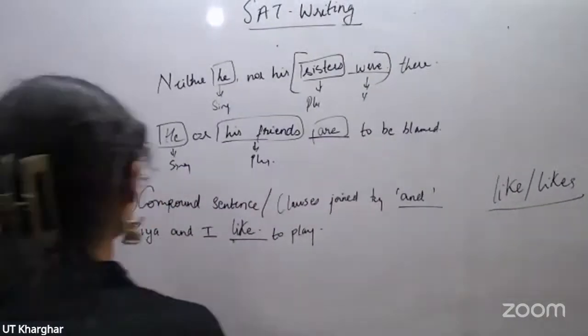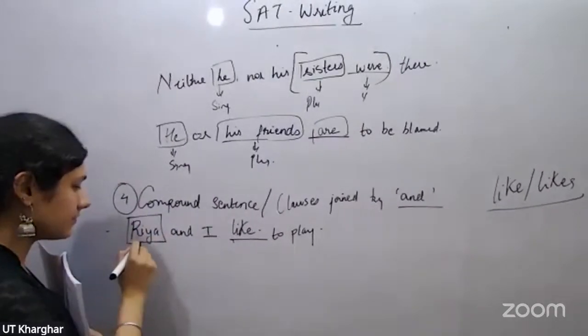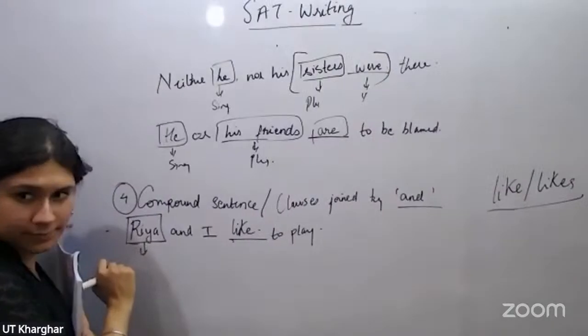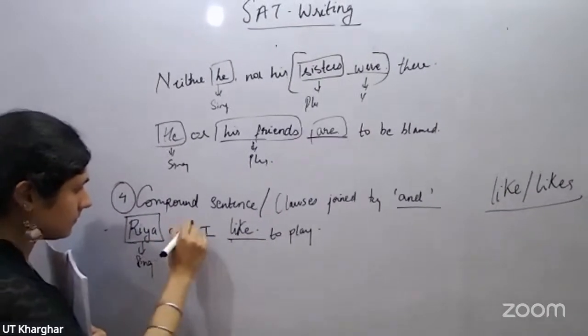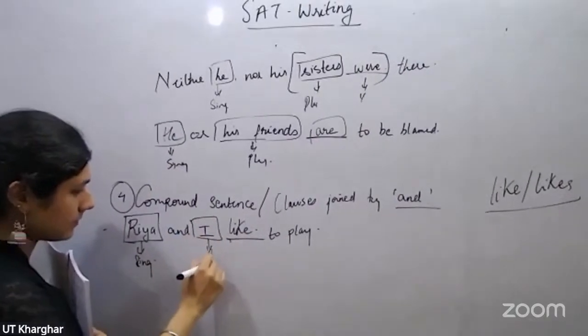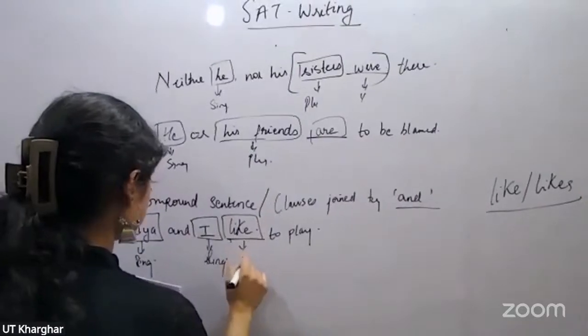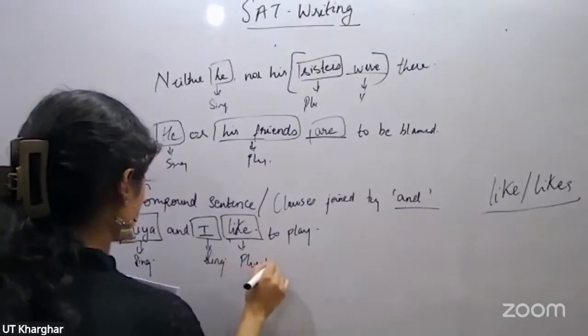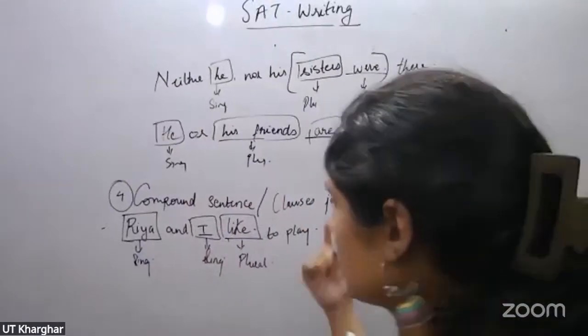But if you see in the previous rule, what did I say? Priya, it is a singular. I, singular. Like would be plural. Okay, so you can just have one logic.